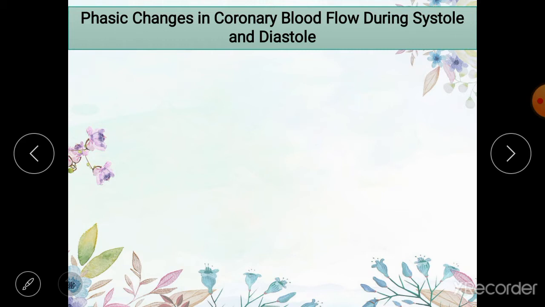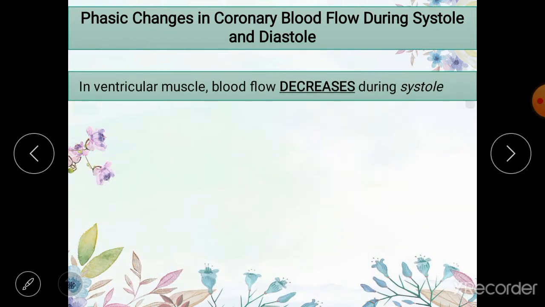It might be interesting to you that the coronary blood circulation does not remain the same throughout the cardiac cycle. In fact, the blood flow to the muscles decreases during the systole. So, every time the ventricle is contracting, the blood flow to the ventricular muscle decreases.